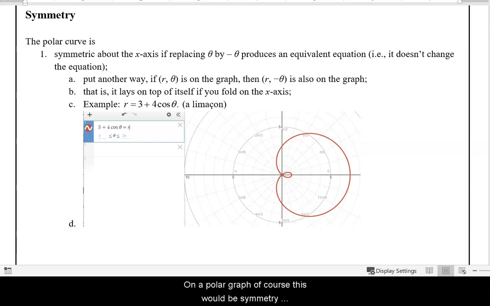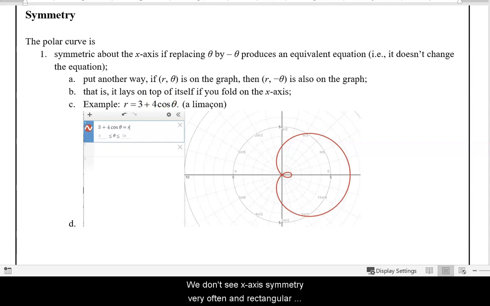On a polar graph, of course, this would be symmetry across the polar axis, symmetry across the line where theta equals pi over 2 down to 3 pi over 2, or symmetry with respect to the pole. It won't bother me if you continue to call it x-axis symmetry, y-axis symmetry, and origin symmetry, however. This is what we're talking about.